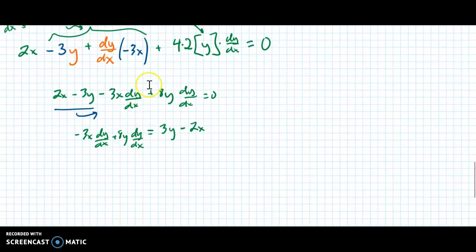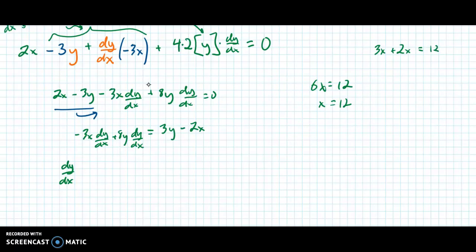Now, this step, if you think about it the right way, it's an easy step to take. Let me say I had 6x equals 12. You would divide by 6 on both sides to get x equals 12. What if I had 3x plus 2x equals 12?